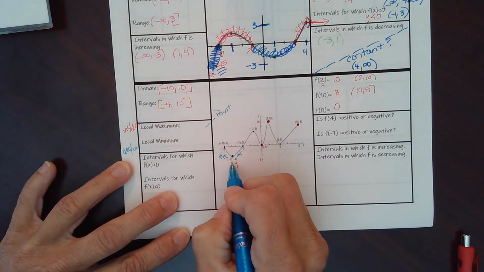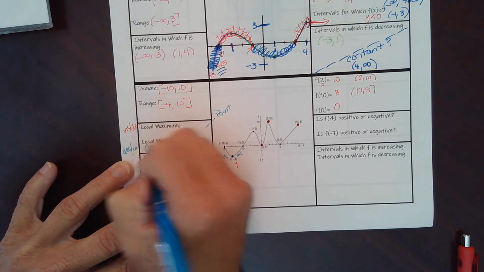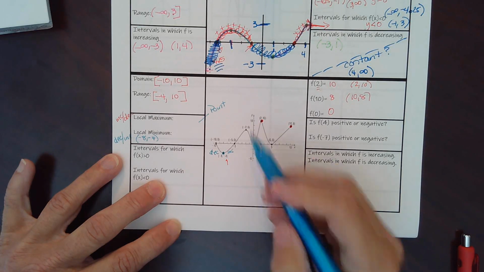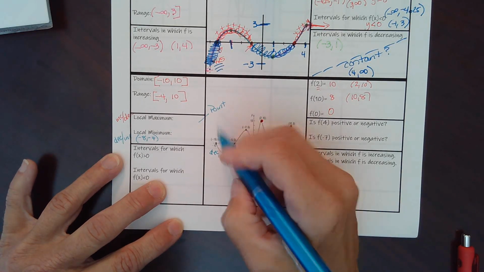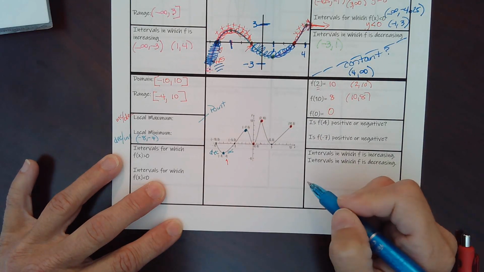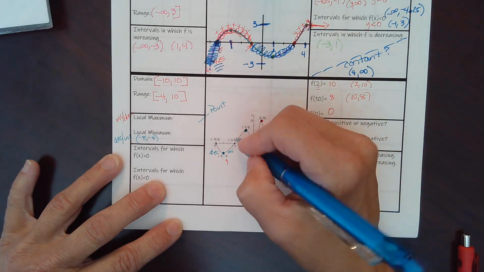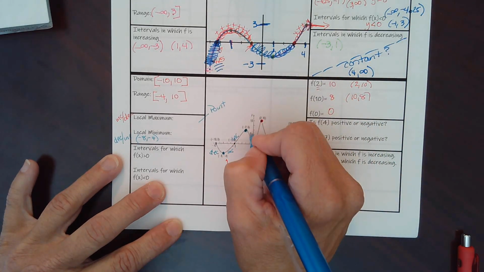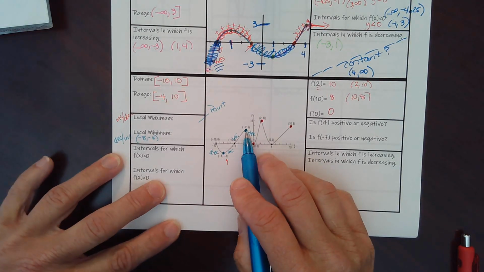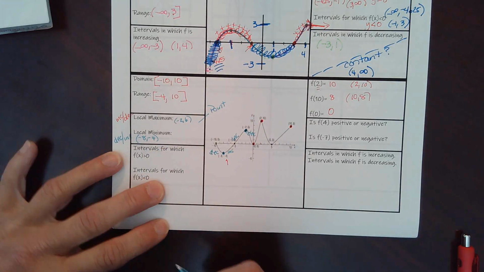So that occurs at (-8, -4), and because it's a point, we just use regular old parentheses. Then the graph is increasing until it reaches this point, and this point changes from increasing to decreasing. So this point would be a local maximum. So that point is (-2, 6).